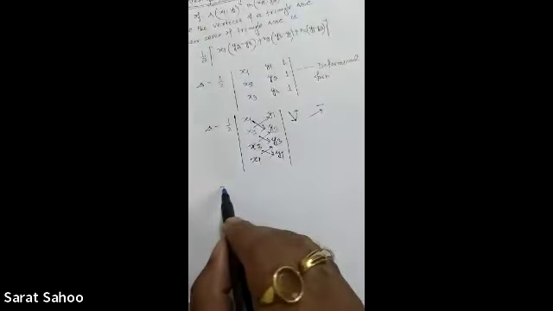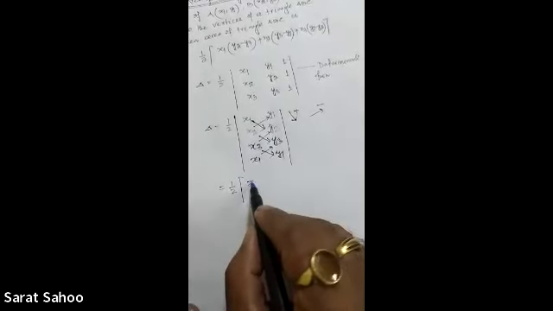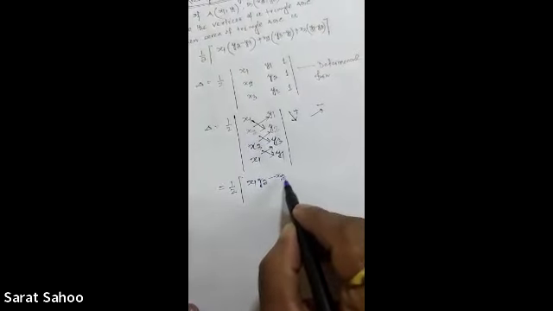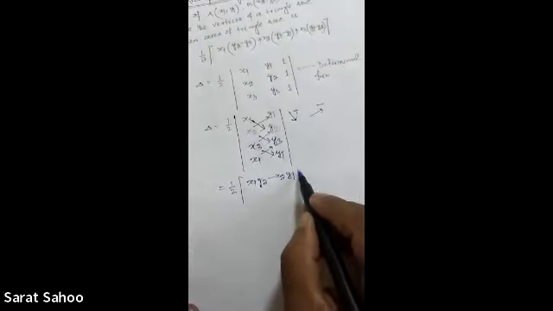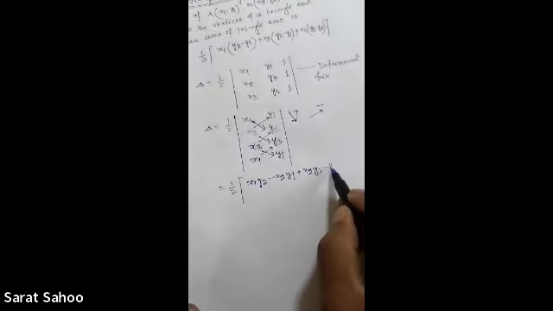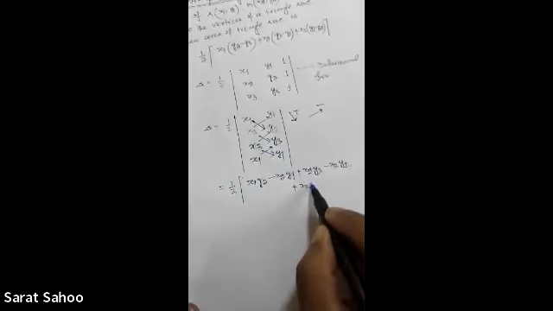So if you want to expand it, the value will be half of X1, Y2 minus X2, Y1 plus X2, Y3 minus X3, Y2 minus X1, Y3.